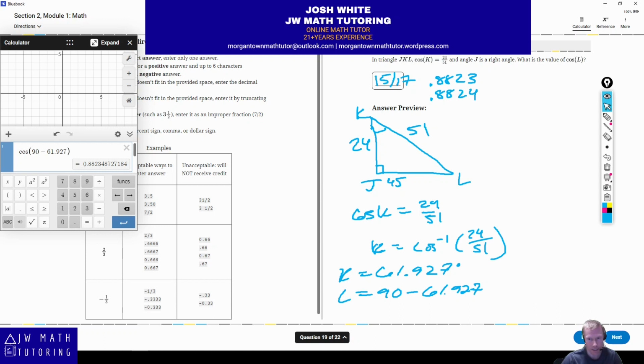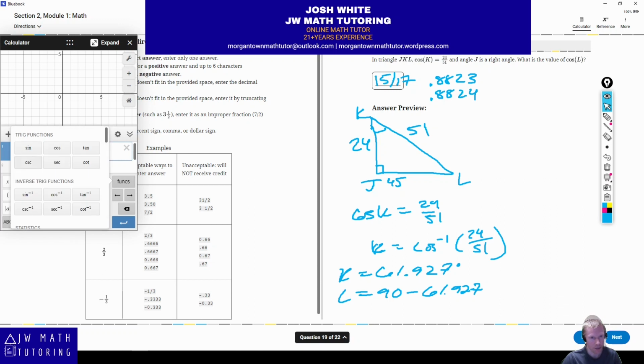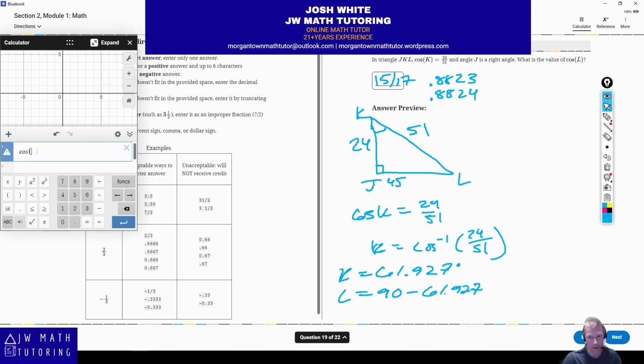Now, ideally, if you were going to do this, you would want to carry over the exact value. If we want to carry through the exact value, you have to think ahead and do the whole thing in one step. By that, I mean you're going to do the cosine of L, but L is 90 minus the value of K, and the value of K is technically the arc cosine of 24 divided by 51.